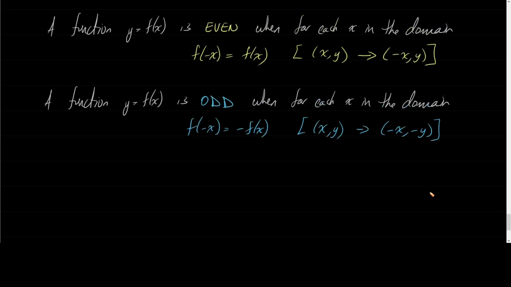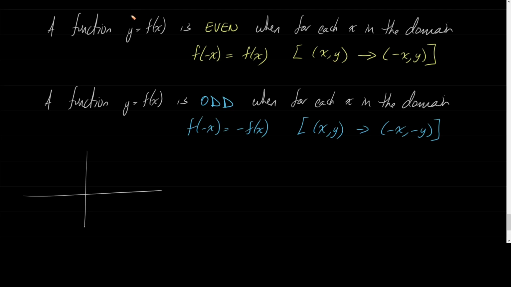Let's look at the graphs. So an example of an even function. We're saying that the y value would appear for the negatives of each x value. So what does that really mean?